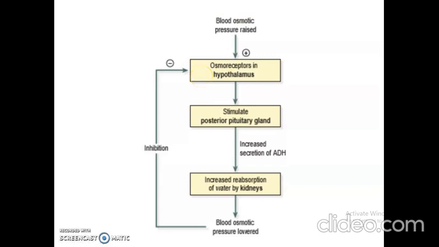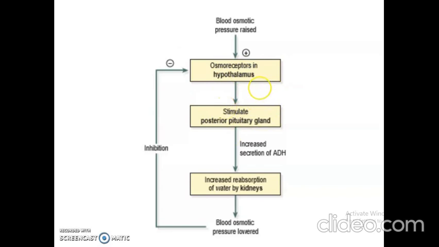When the osmotic pressure increases, some of the receptors present in the hypothalamus, which are sensitive to changes in the osmotic pressure, get stimulated, and the hypothalamus finally stimulates the posterior lobe of the pituitary gland.